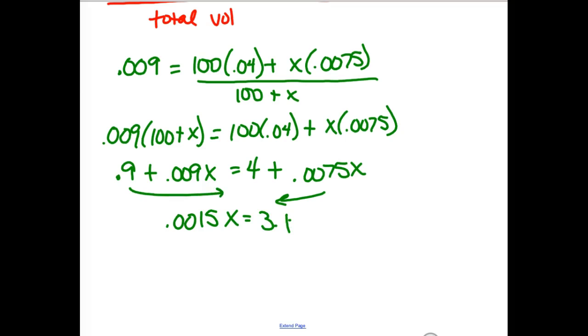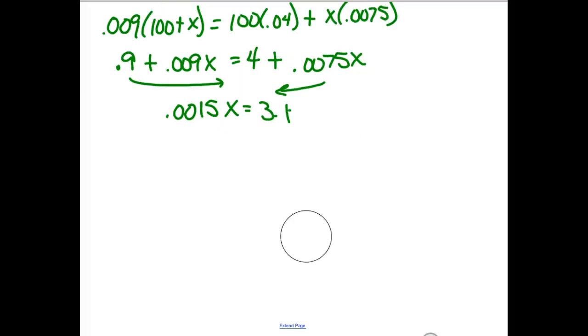What do we get when we divide? All right, so roughly 0.7. And what units would we put on that? Milliliters.